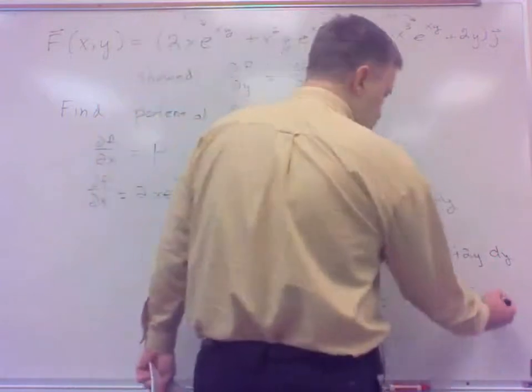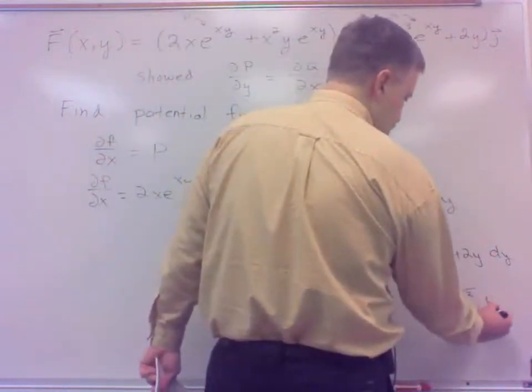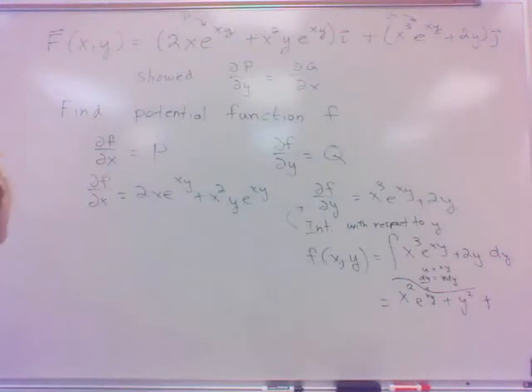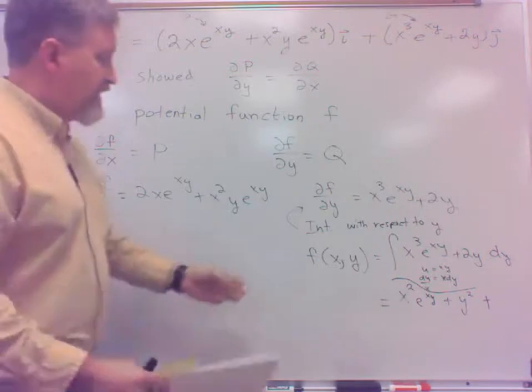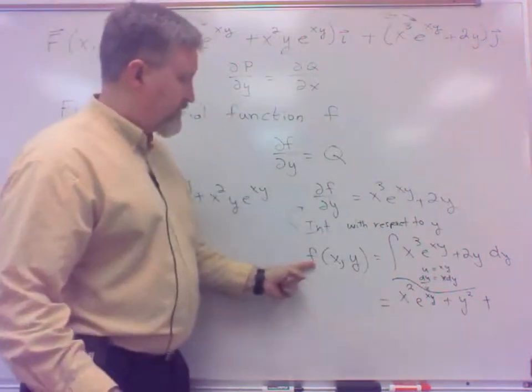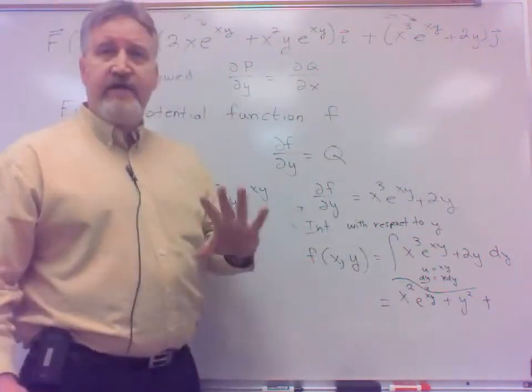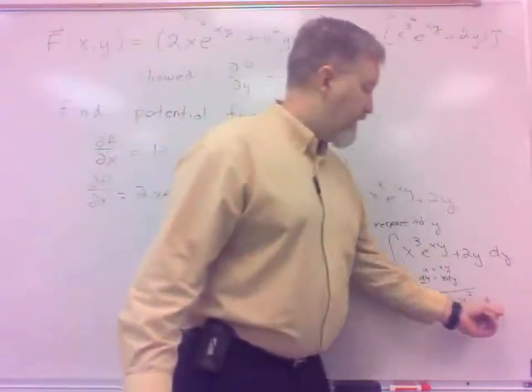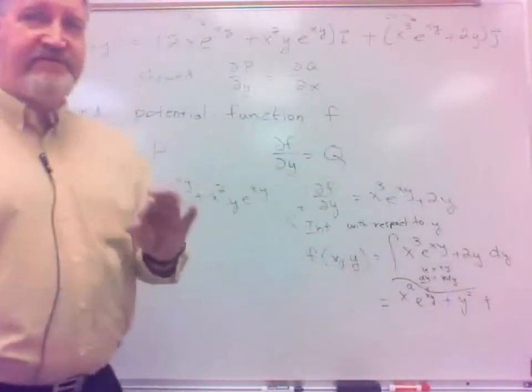Well, then this is an indefinite integral, and so we've got a constant now. In this case, since this function we're dealing with is in terms of x and y, the constant here is not necessarily a constant.